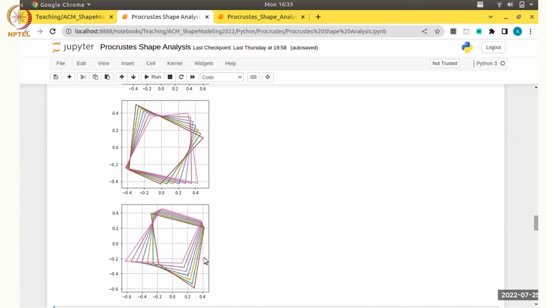And now, what do you do? Take this as your vector space and then find the principal direction of variation. If you do that, you see that the first direction of variation will typically be this. That is exactly the aspect ratio. What other orthogonal axis will be there? This one.